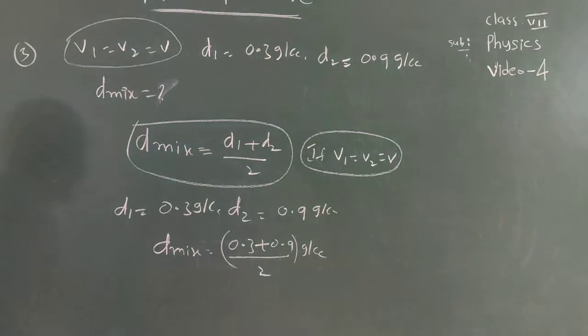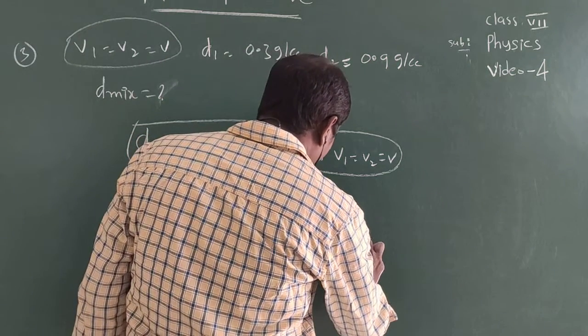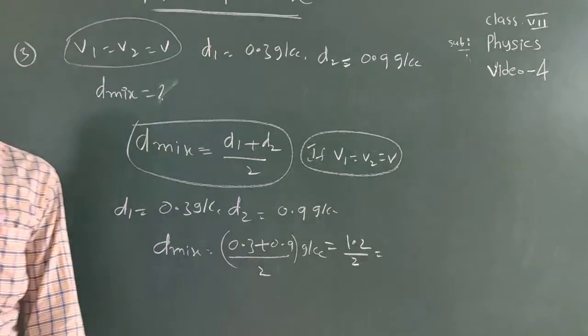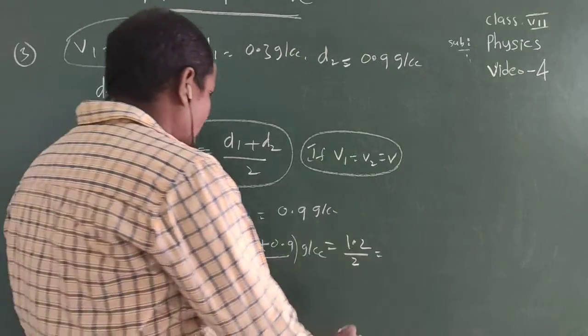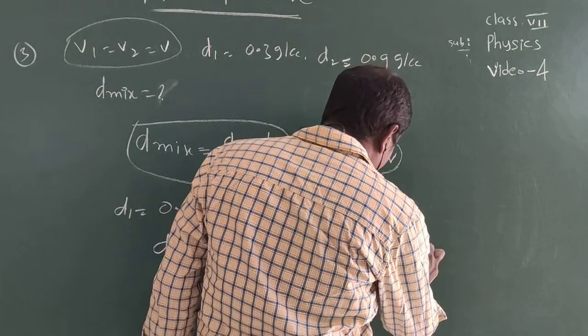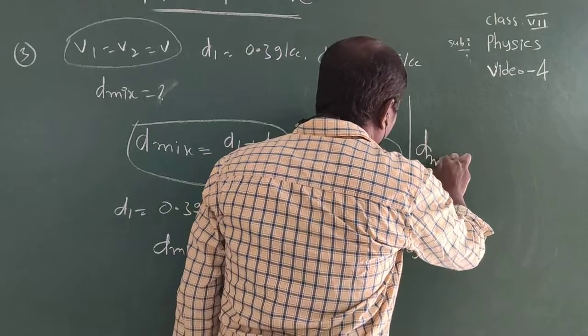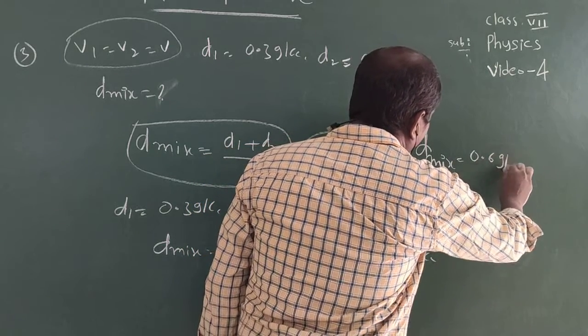That is 1.2 by 2, that equals 0.6 gram per cc.